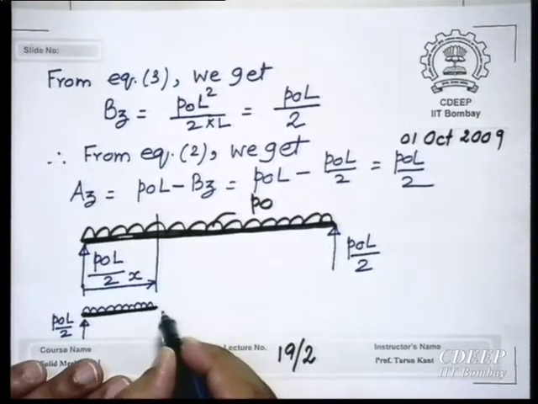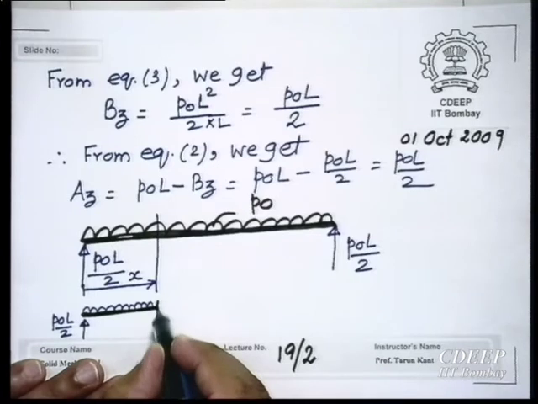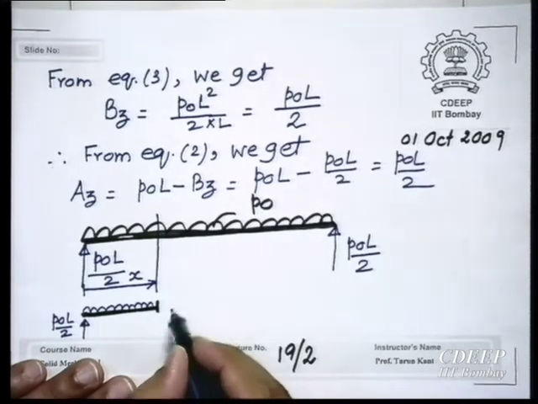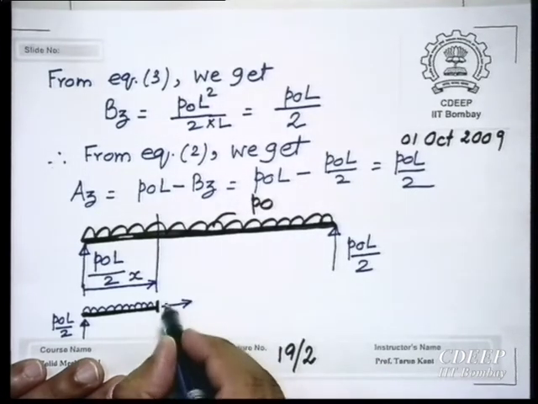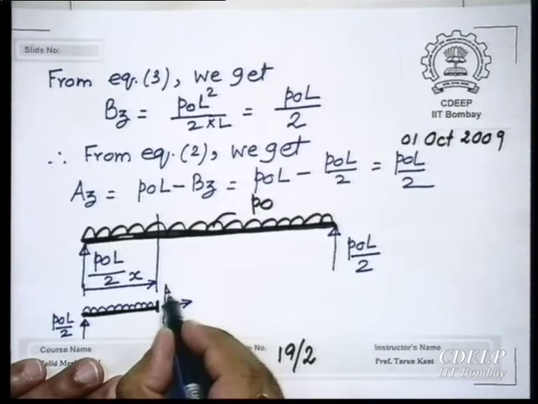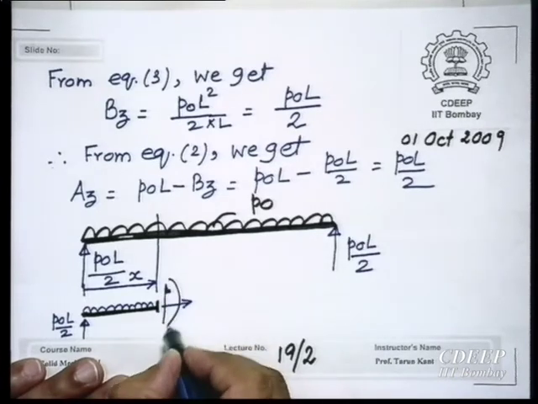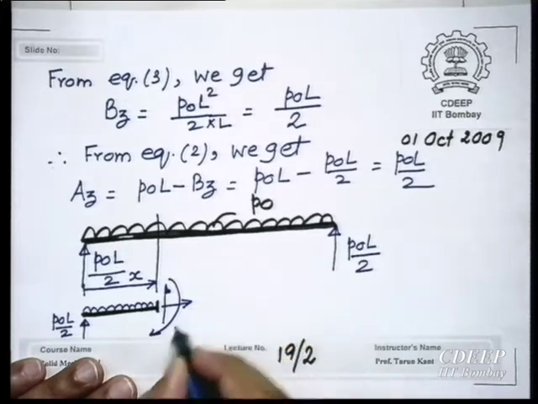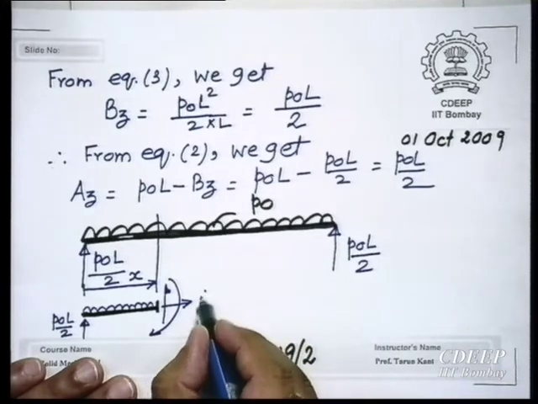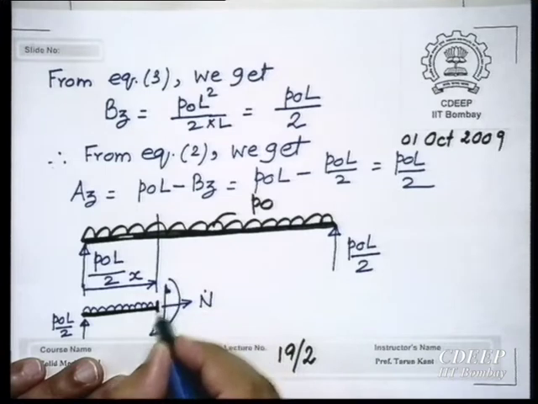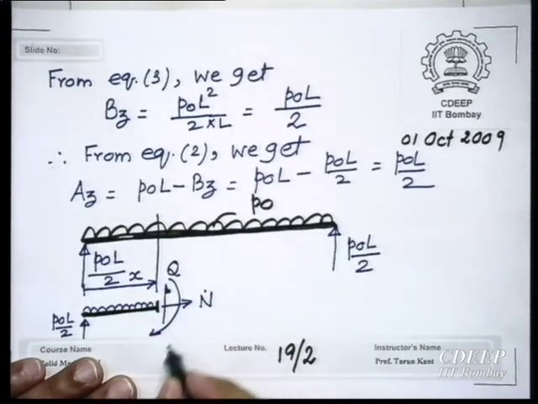And then here at this cross section, this is the cut section. So, this is a positive section, so you have n, you have q, and you have m.